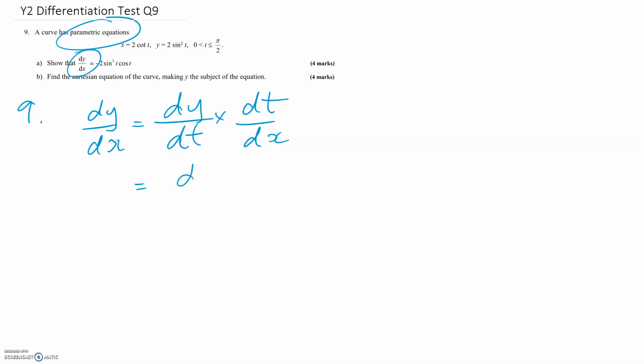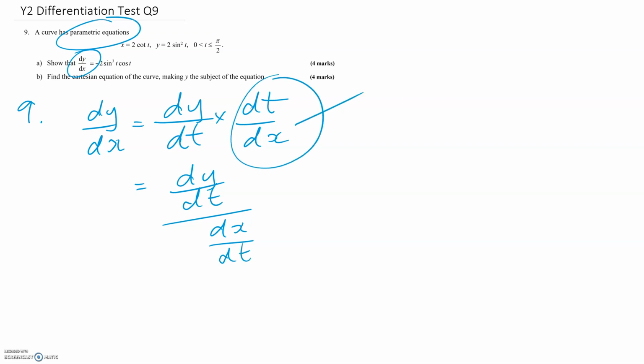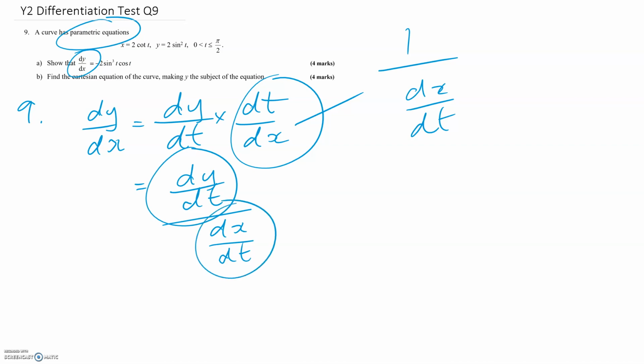Often people prefer to write this like this, because this is just the reciprocal of dx by dt. So anyway, we need to find dy by dt, we need to find dx by dt, and then we need to divide them.